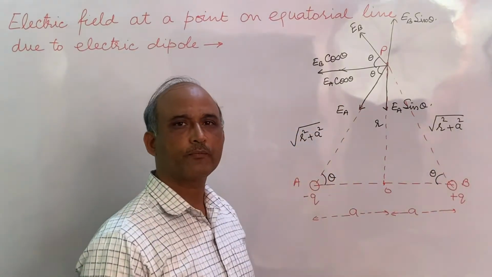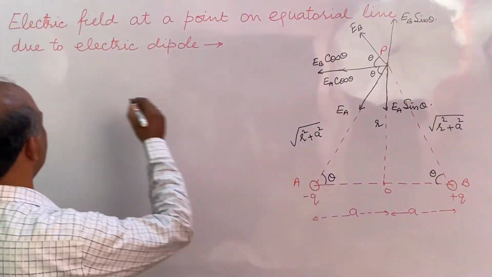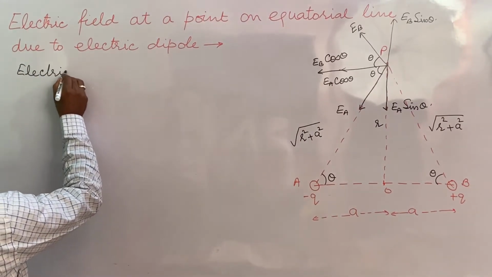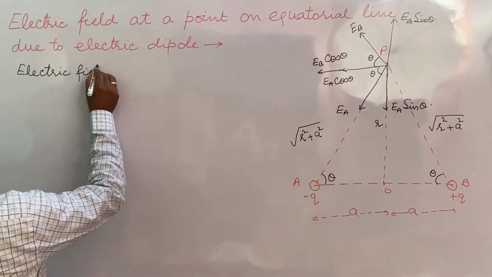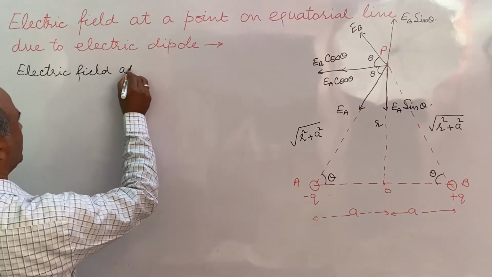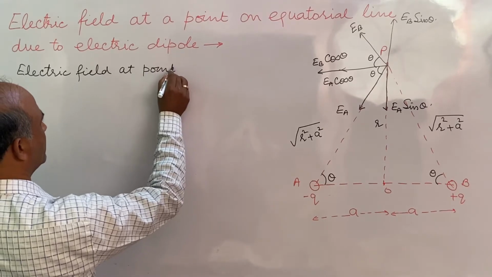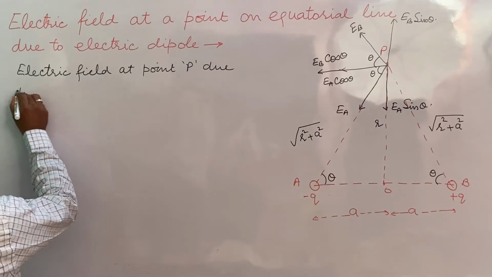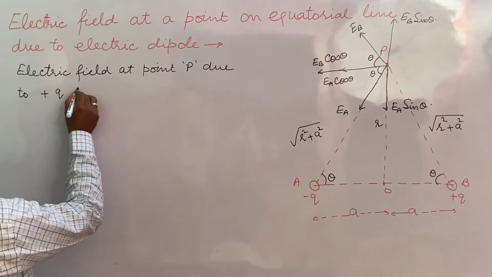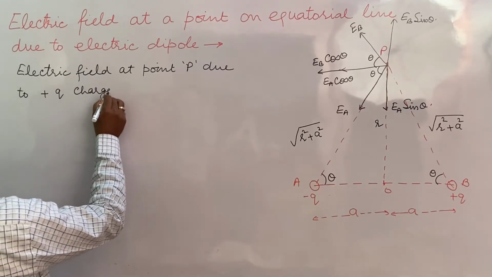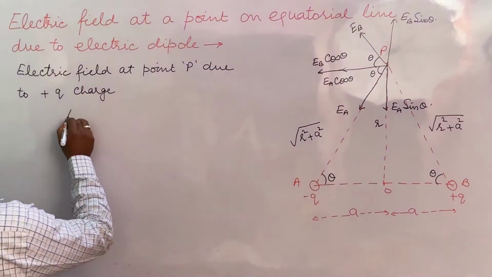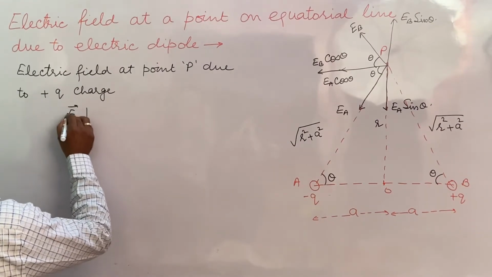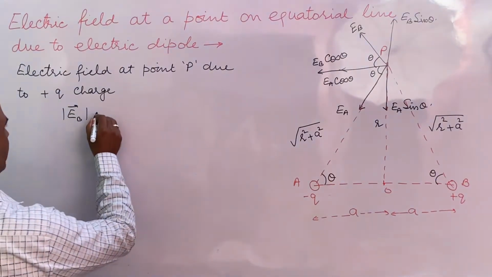Now, the electric field at point P due to plus Q charge, that is EB, taking modulus.